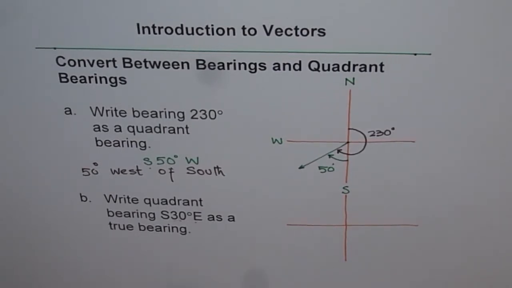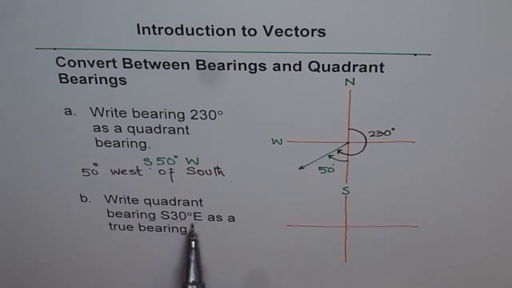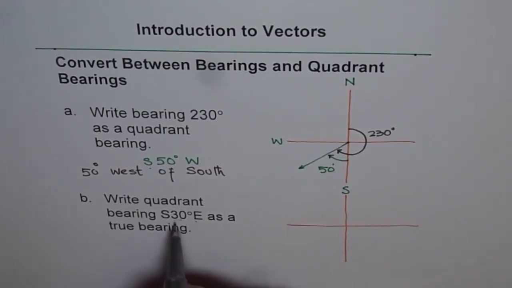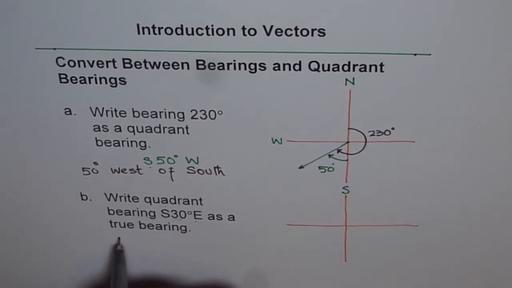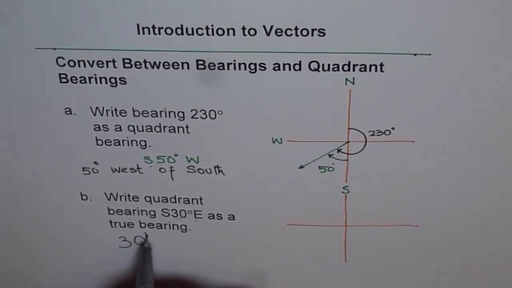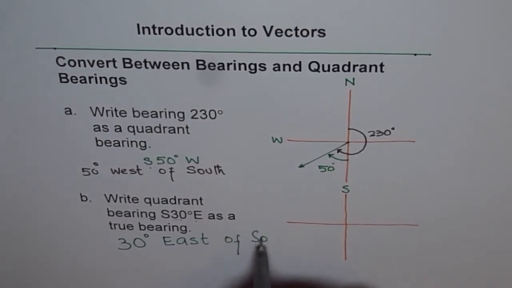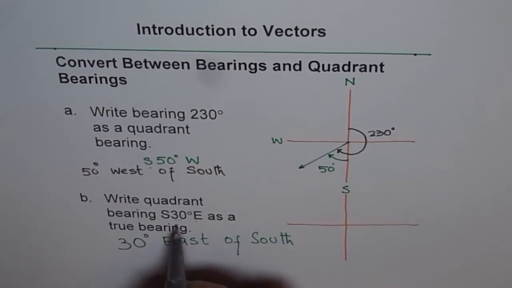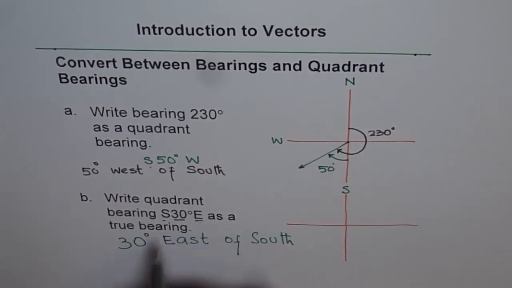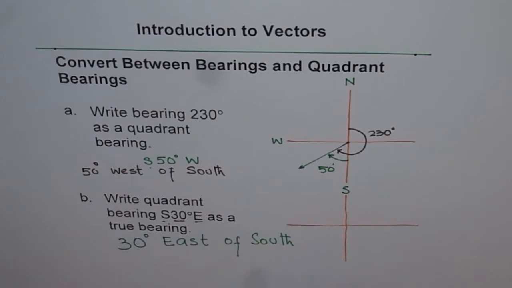Now here from south we have to see how much we go towards east. It is 30 degrees. So let me first write what it means. It means 30 degrees east of south. That's what it means, okay? 30 degrees east of south.